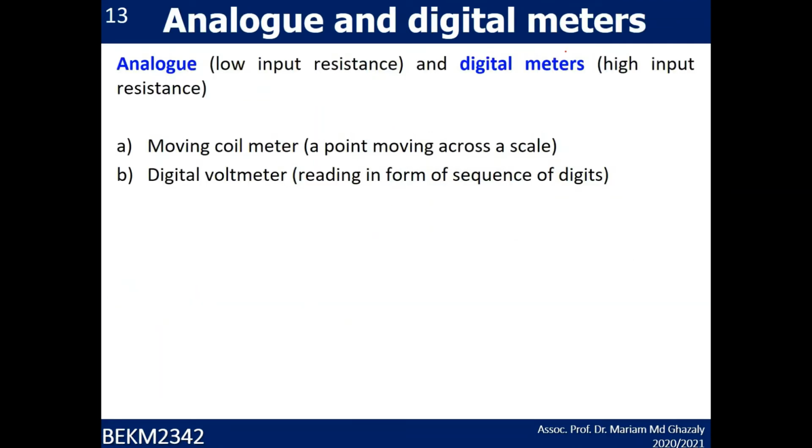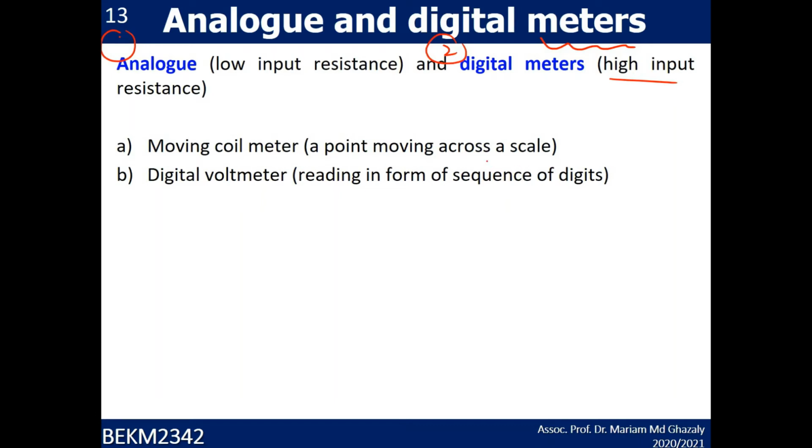For the displays, or in the data representation system, there are a few types of meter that can be used. The first one is the analog meter, which is for low input resistance, and the second one is the digital meter, which is for high input resistance. The commonly used meters are, first, the moving coil meter, where you have a pointer moving across the scale.